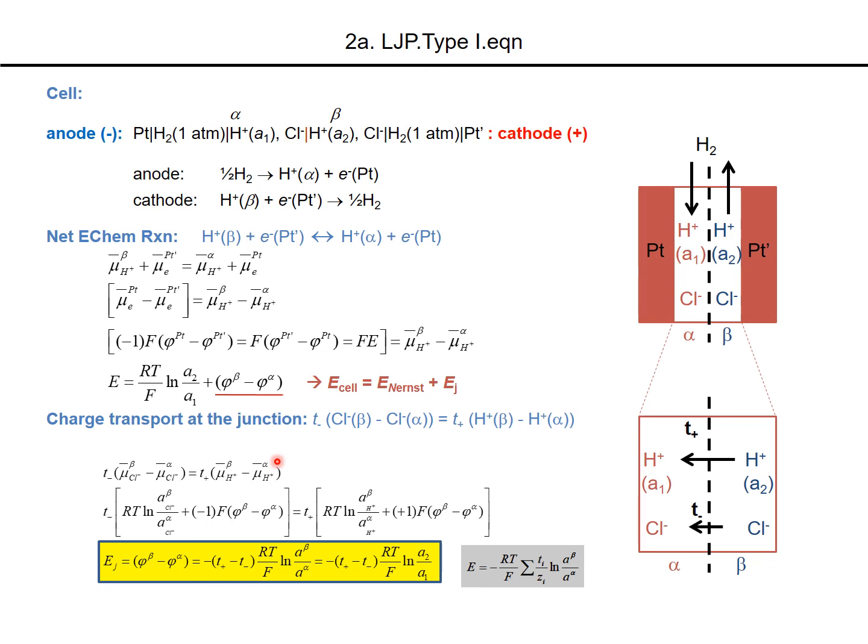Those 2 differences of different species are correlated with the transference number. So on the left side of this balance equation, the product of the transference number with the electrochemical potential difference of chloride minus is equal to the product of the cationic transference number with the difference of electrochemical potential of proton.